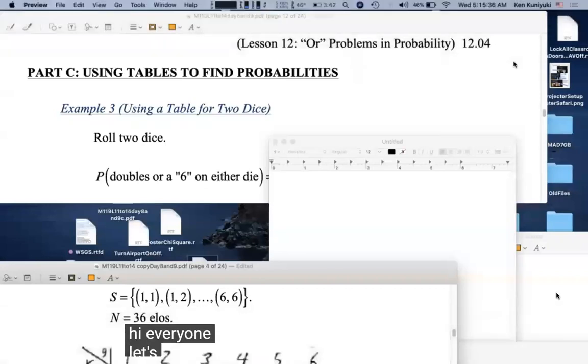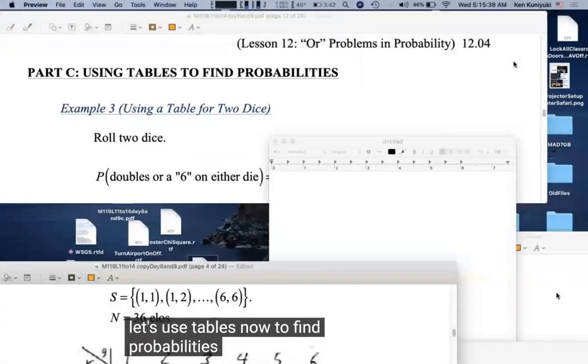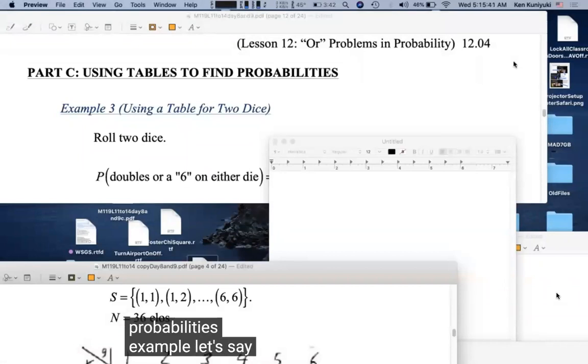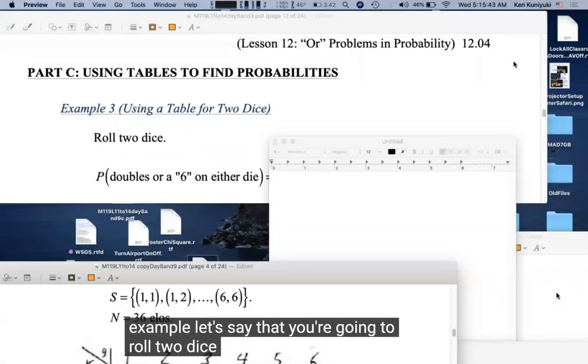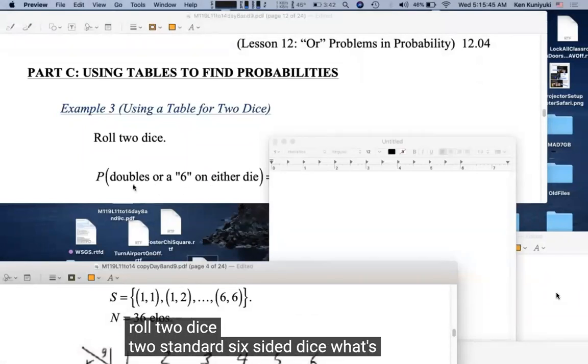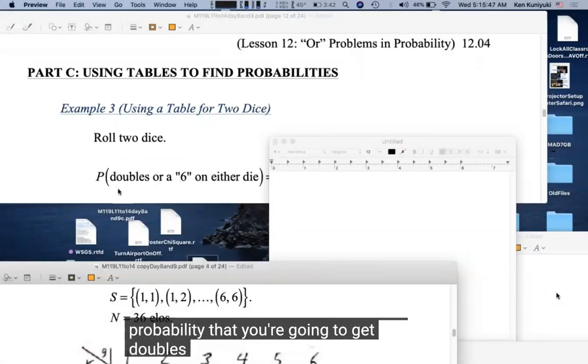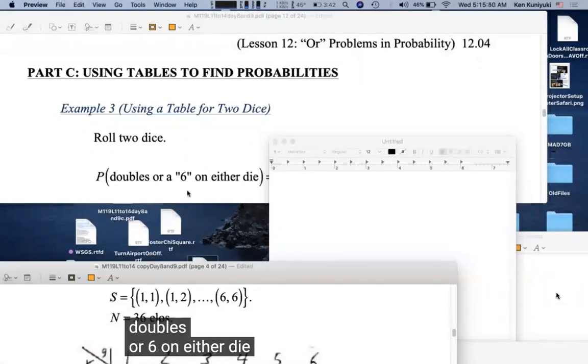Hi, everyone. Let's use tables now to find probabilities. Example, let's say that you're going to roll 2 dice, 2 standard 6-sided dice. What's the probability that you're going to get doubles or a 6 on either die?